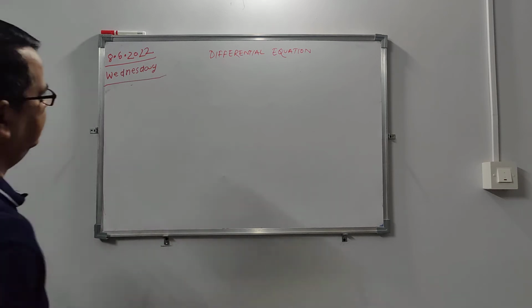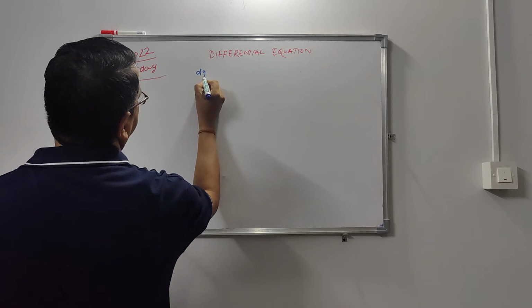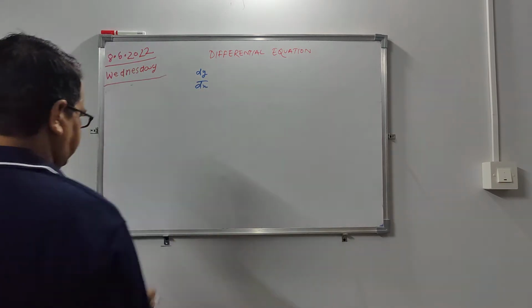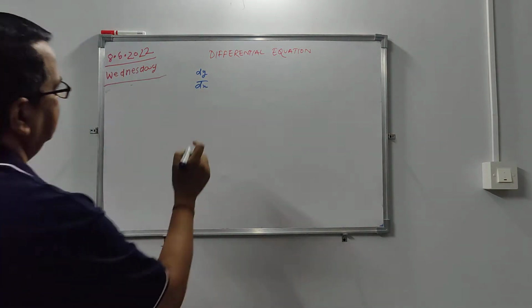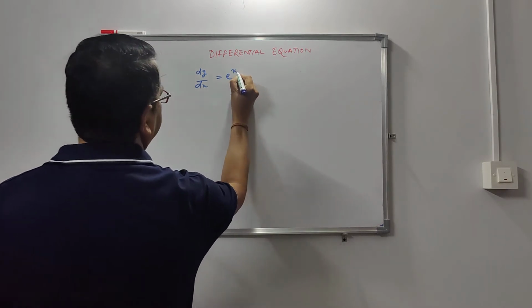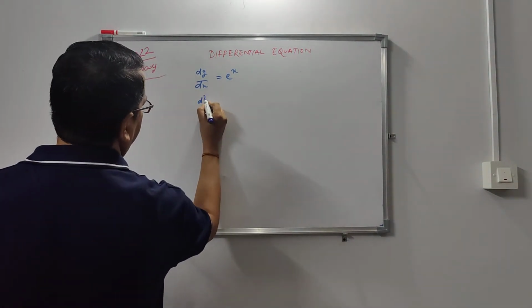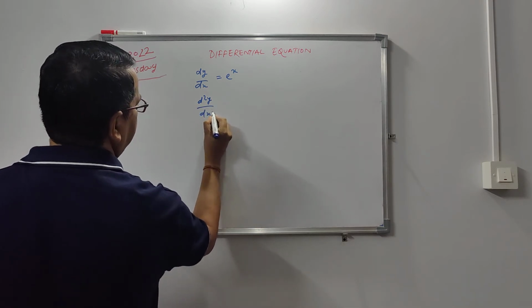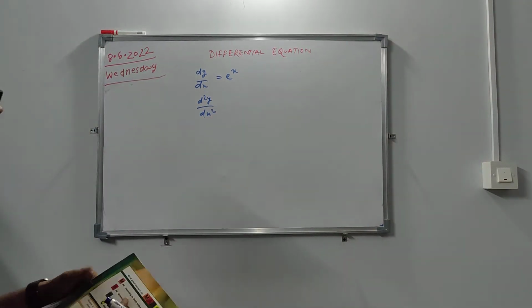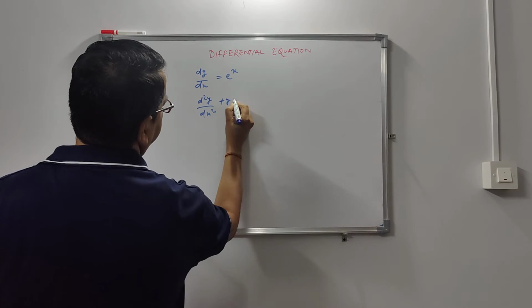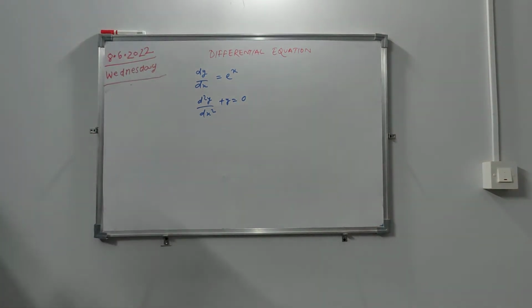Let us take some examples. dy by dx is equal to e to the power x. So this is a differential equation. Similarly, d square y by dx square plus y is equal to 0. This is also a differential equation.